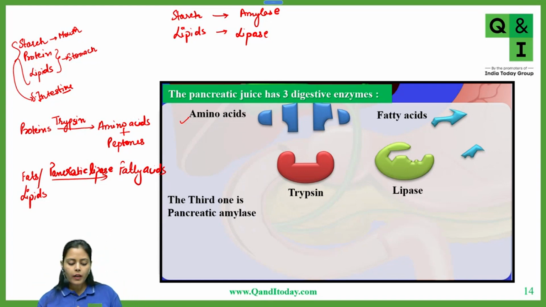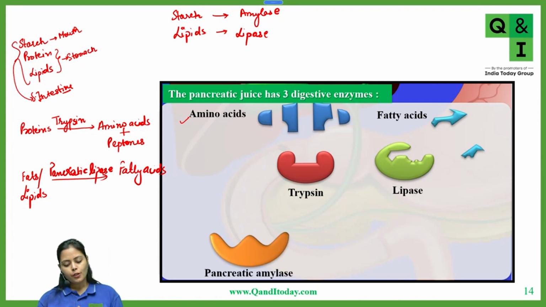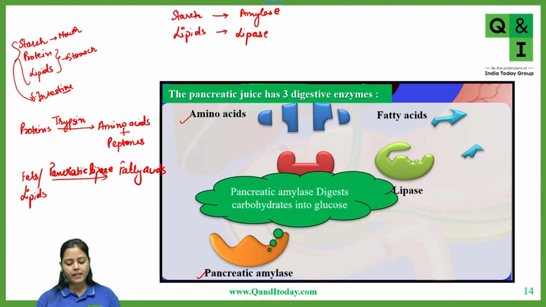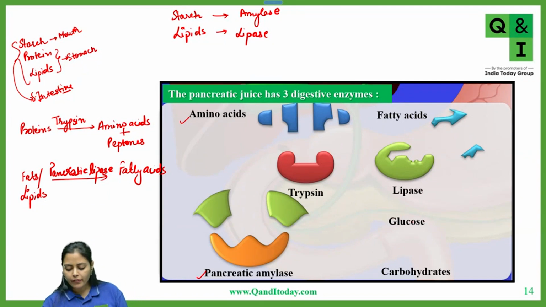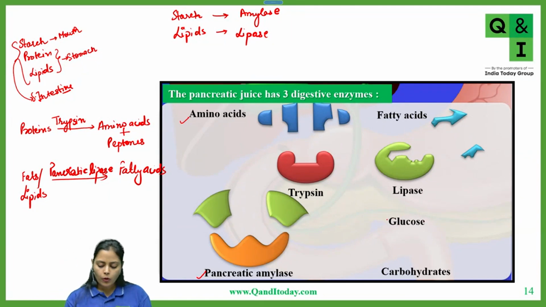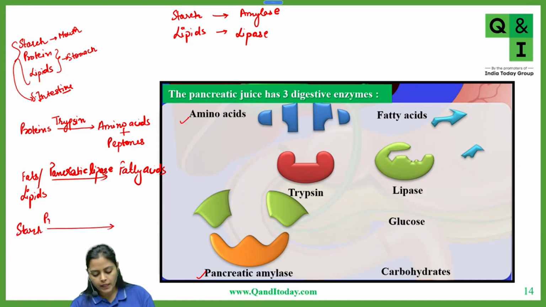Now, the third enzyme will be for the digestion of starch. So again, you can see the name of the enzyme, pancreatic amylase. Pancreatic amylase digests carbohydrates, like maltose, converting it into glucose. Now, to clarify this further, please remember that initially, on starch, pancreatic amylase is acting.